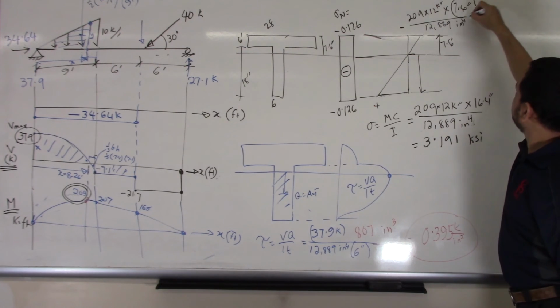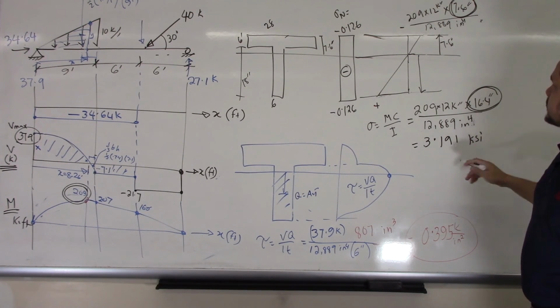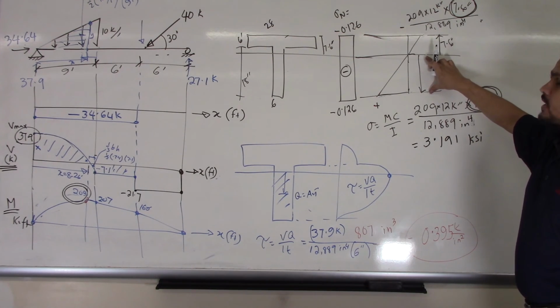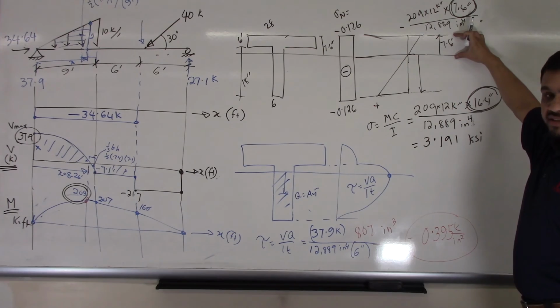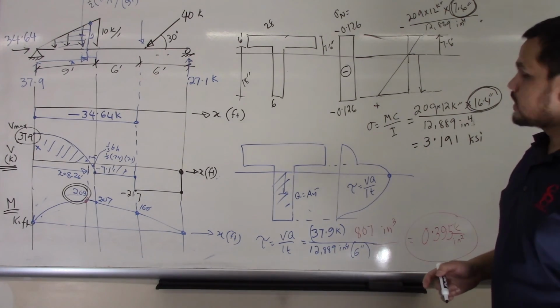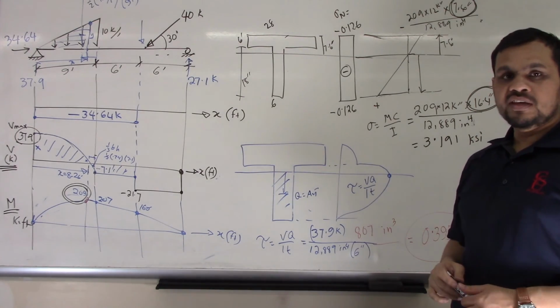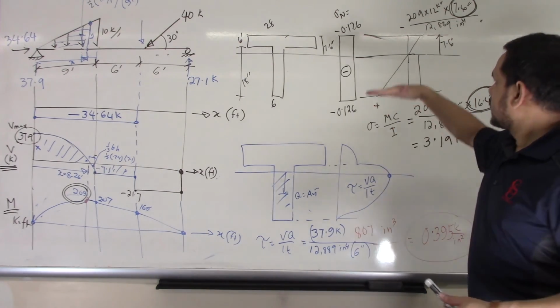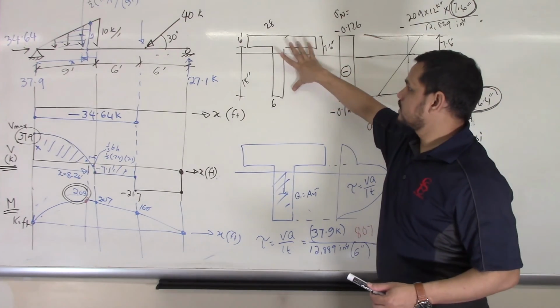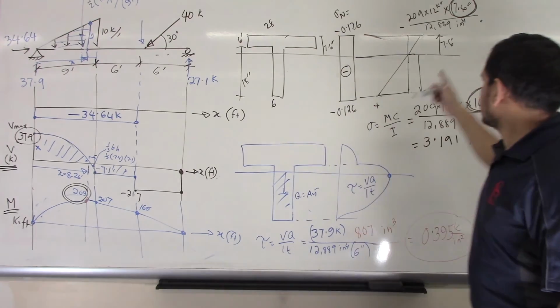Again, that is something to remember: 7.6 here, 16.4 there, because this distance is larger. That is something to remember for a T section or any irregular section. If it is a rectangular section, 50% here, 50% there, very easy. This time not so easy.